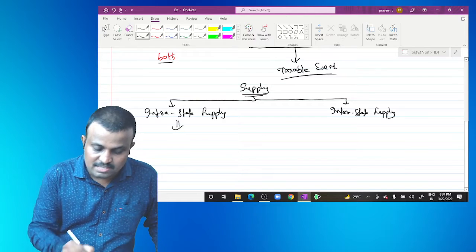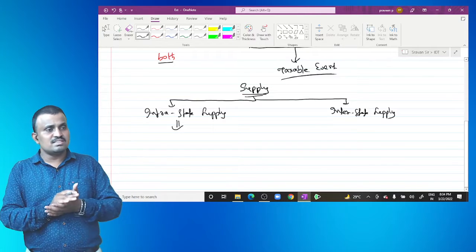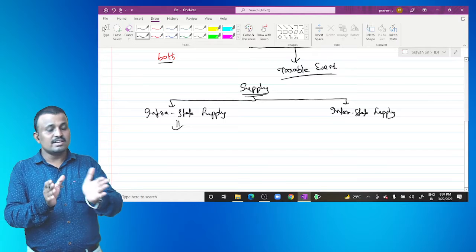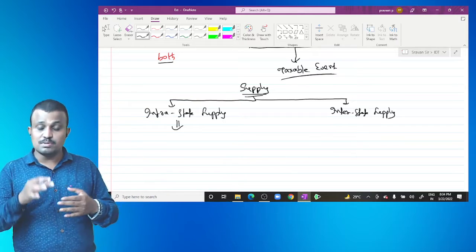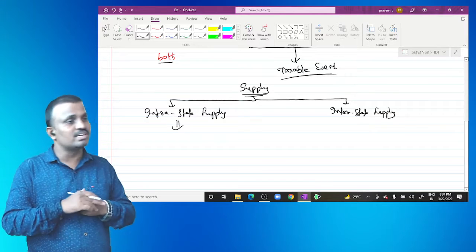Generally, intrastate supply means the supply made by one person to another person within the state or within the union territory.